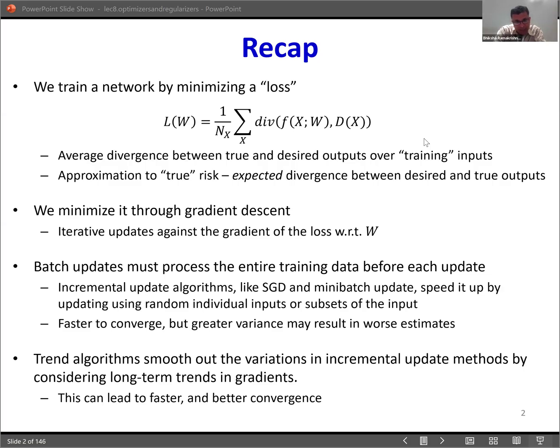And this can speed it up by performing multiple updates within each iteration. These SGD and mini batch updates can be faster to converge, but they have greater variance and may result in worse estimates. So we also saw that trend algorithms smooth out the variations in incremental update methods by considering long-term trends and gradients.